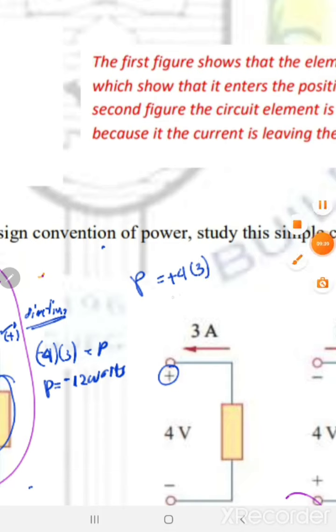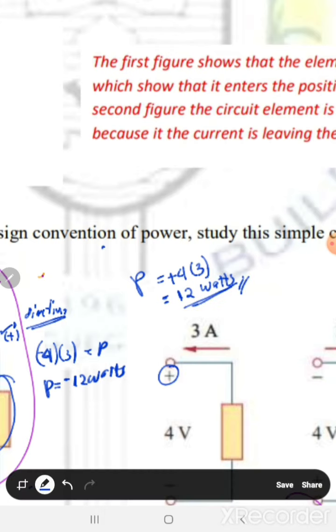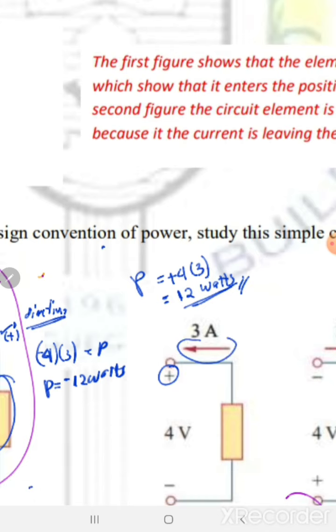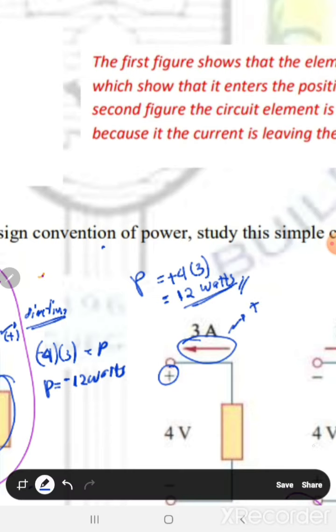So, therefore, it is equal to 12 watts. Positive 12 watts. The assumption of your current is that it is positive. Assumption, it is entering the 4 volts. Okay?